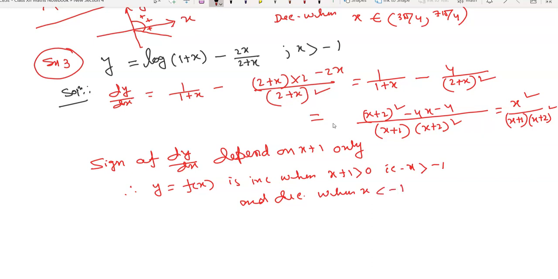Okay. One similar question is also in the textbook, that y equal to 4 sin theta divided by 2 plus cos theta minus theta in the interval 0, pi by 2.